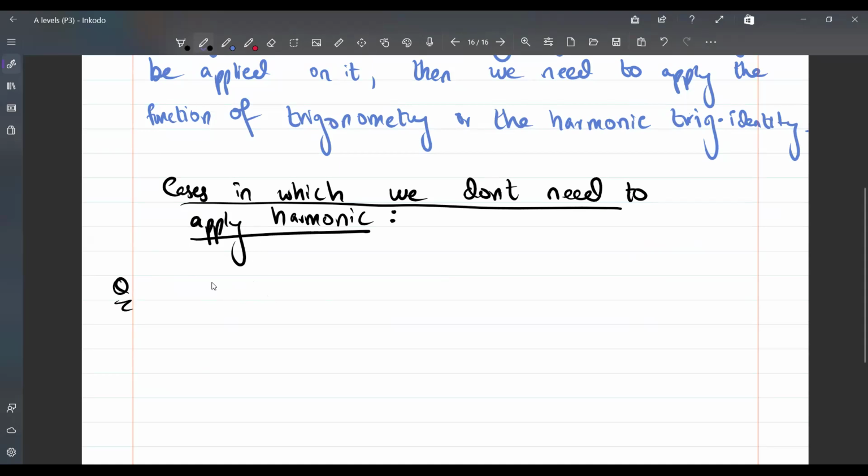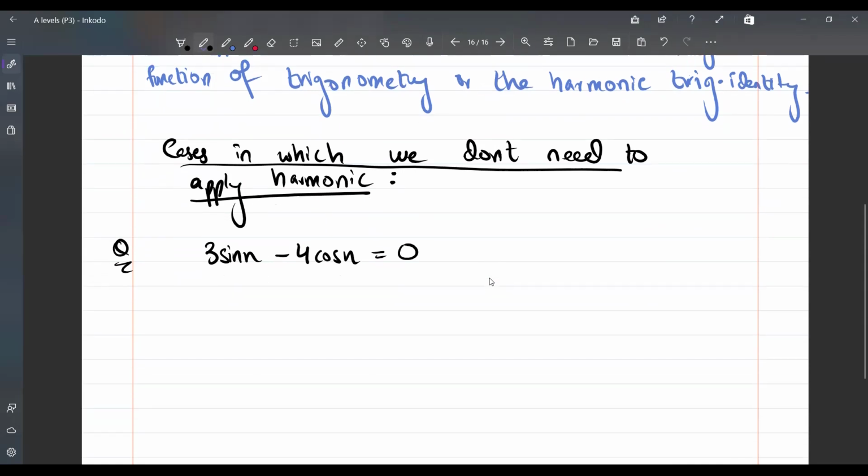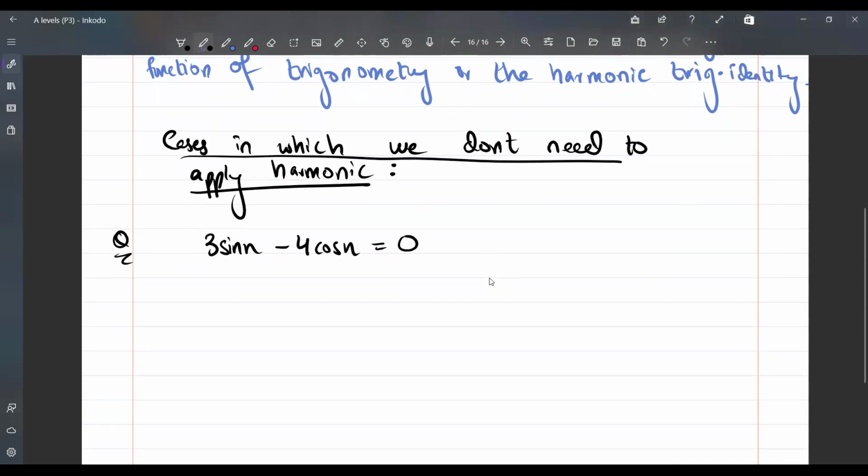So first question we have is, let's say 3 sine x minus 4 cos x is equal to 0. Now notice this can be converted into a single function. If we solve this, let's say 3 sine x is equal to 4 cos x, and sine x upon cos x is equal to 4 upon 3.